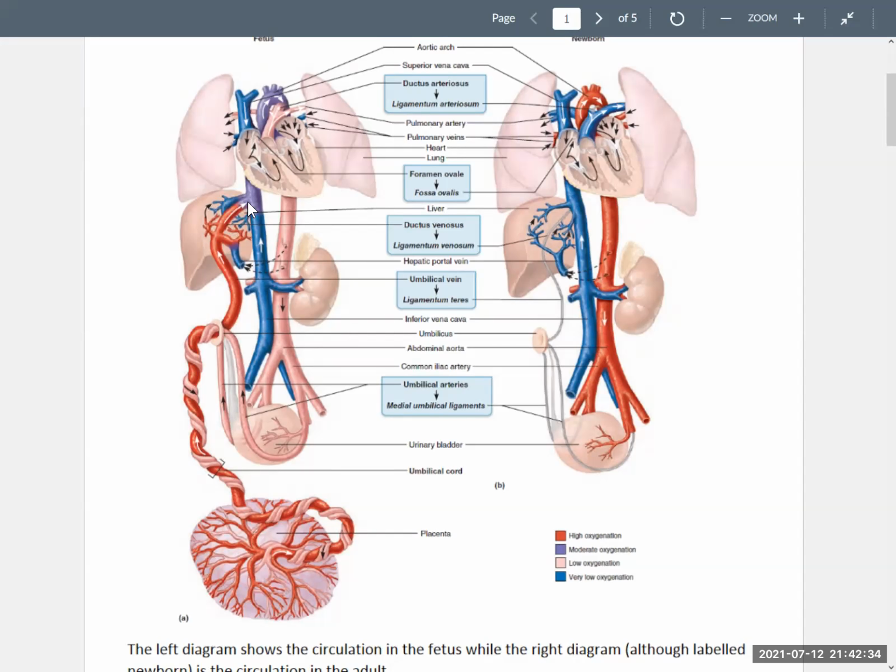Okay, now the blood's entered into the vena cava. The vena cava itself is pictured here as being deoxygenated blood. Well, once the two come together, the umbilical vein and the vena cava, there's got to be an increase in oxygenation at that point because you're mixing a low and a highly oxygenated vessel.